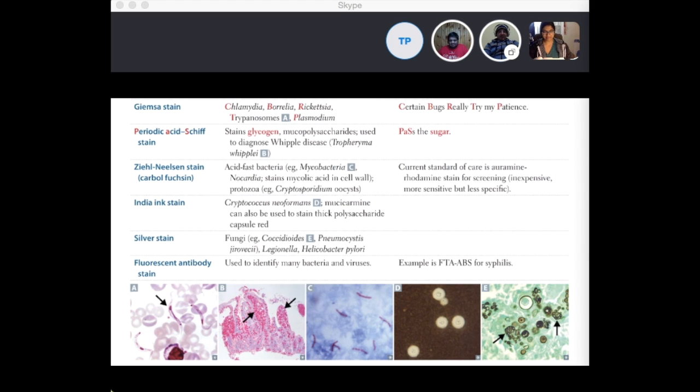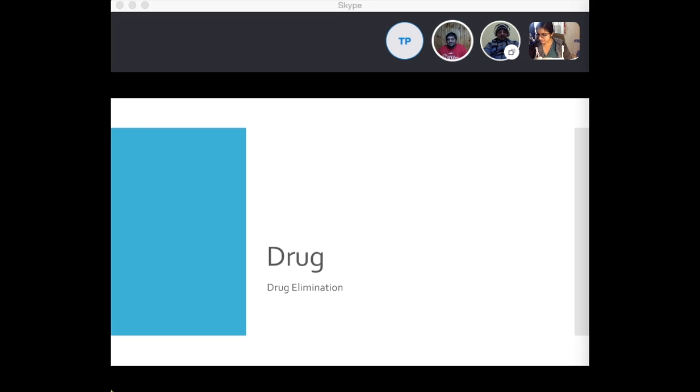It looks like green in that little picture. It's actually the black parts. Silver stain stains the fungi black. Good to know. It's not really silver.